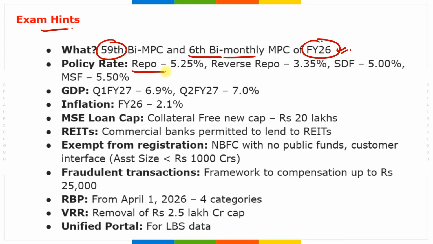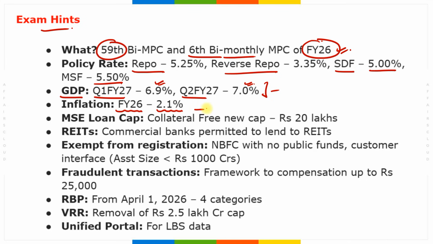And the policy rates which are changed: repo rate 5.25%, reverse repo 3.35%, and the standing deposit facility is 5%, marginal standing facility is 5.50%. What is the GDP projection for quarter 1? It will be 6.9%. For quarter 2, it will be 7%. Important statement. Inflation for financial year 25-26, overall it will be 2.1%.